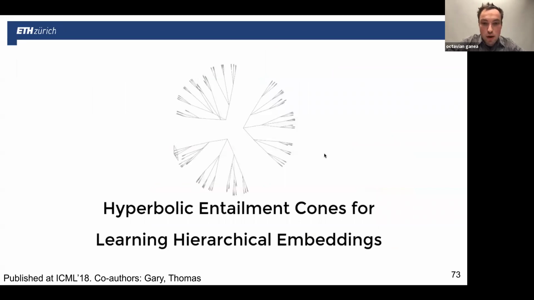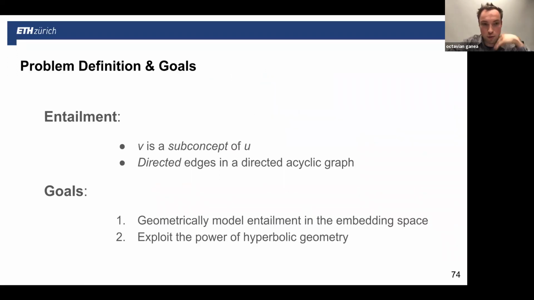Okay, so what we did on top of this paper, in our ICML paper, was to generalize their concept. In their paper, they just use a symmetric distance between two nodes, and we want to capture hierarchical structure in the sense that we also want to capture directionality in the edges. So we want to capture the entailment concepts: V is a subconcept of U, which corresponds to direct edges in a directed acyclic graph.